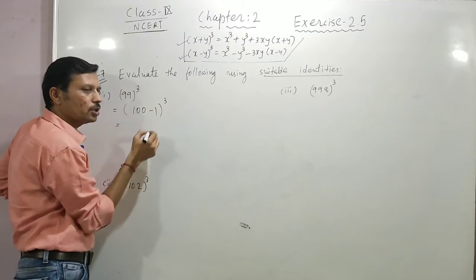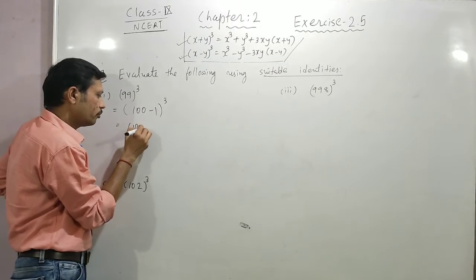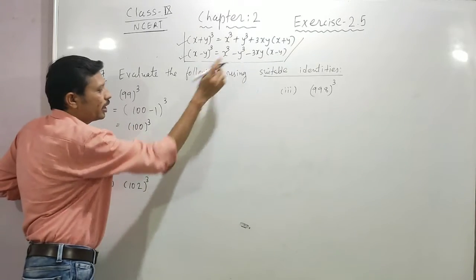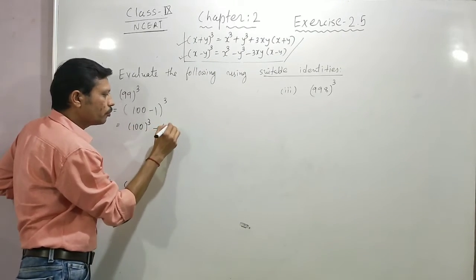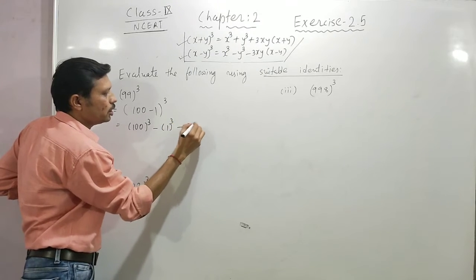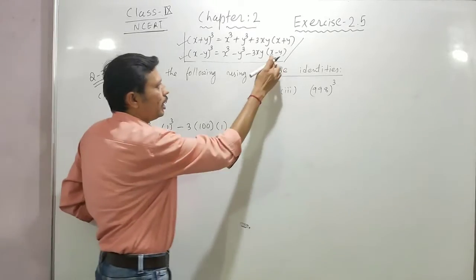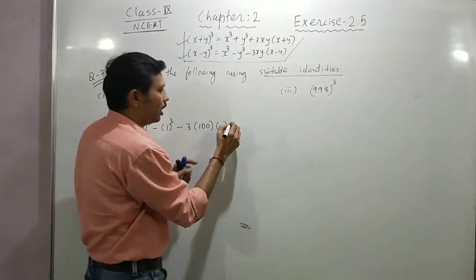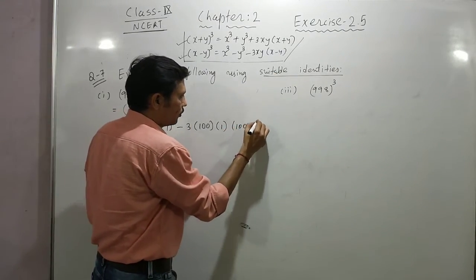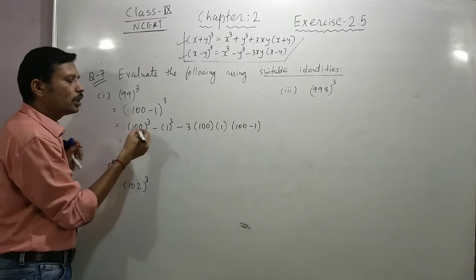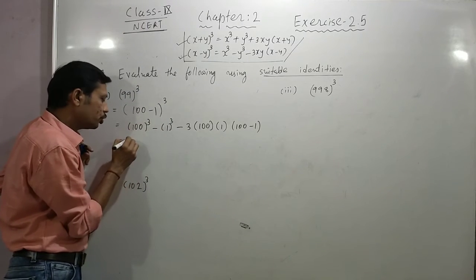So 100 minus 1 the whole cube. So 100 the cube, x cube, minus 1 the cube, then minus 3 times the value of x, that is 100, the value of y, that is 1, and then x minus y as it is, 100 minus 1. Clear? Now 100 the cube. And 1 the cube is 1.